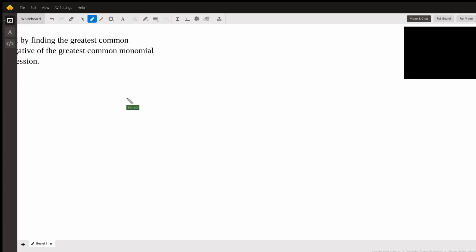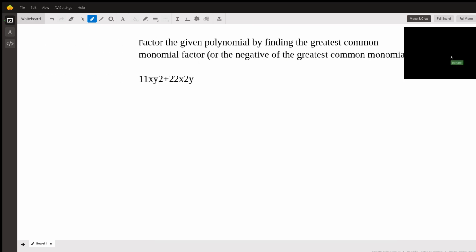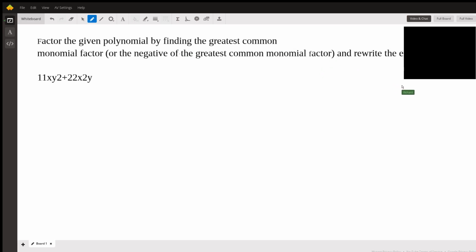Let me start by... okay, I have to pull this back. I'm sorry. And then I have to just format it a little better, and then we'll be ready to get started again.